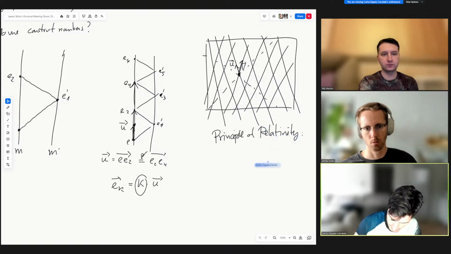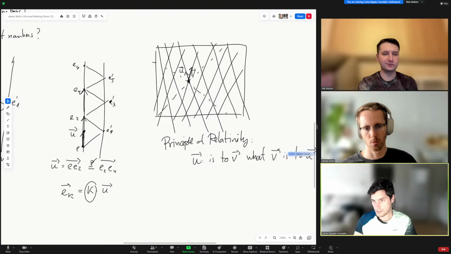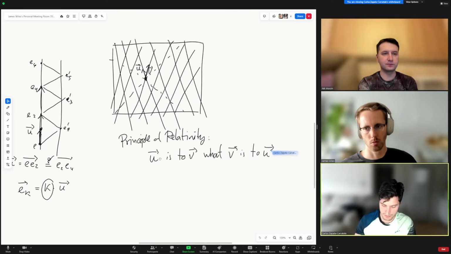The principle of relativity says that u is to v what v is to u. In other words, there's no preferred observer, right?